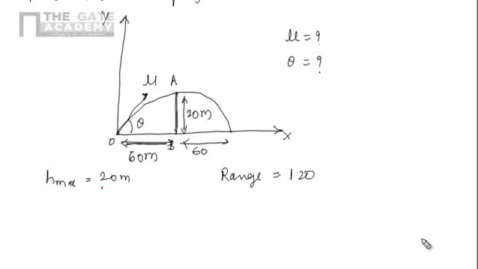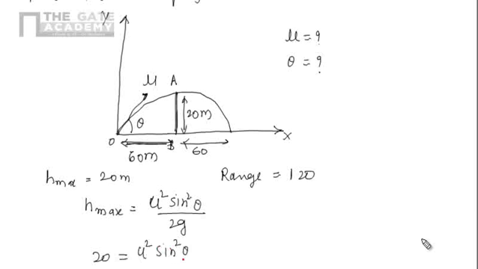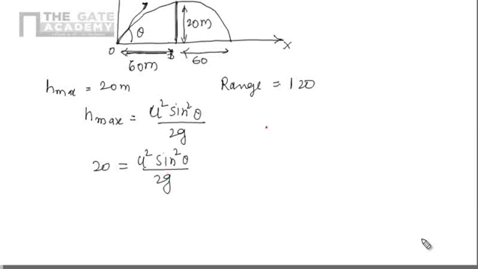So we can apply the formula for maximum height and range. Maximum height, we know, is u square sine square theta by 2g. So we have 20 equals u square sine square theta by 2g.